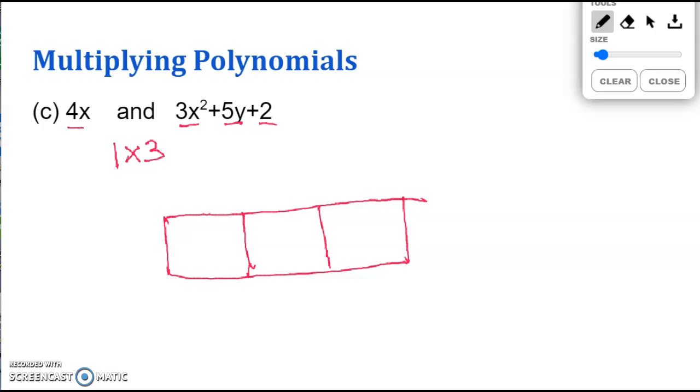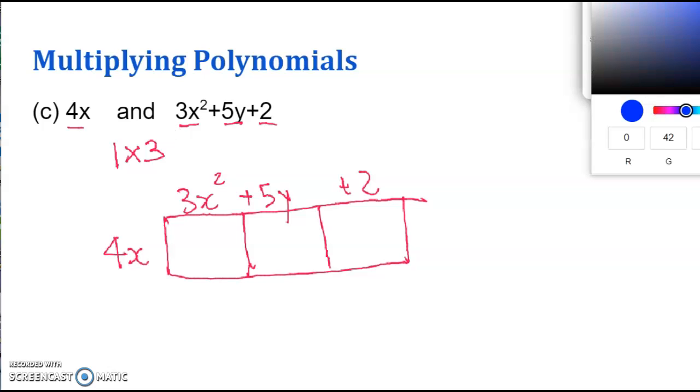The 4x goes here, and the 3x squared goes here, plus 5y, and then plus 2. Now we still just multiply as we did before.